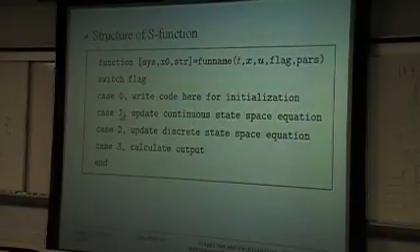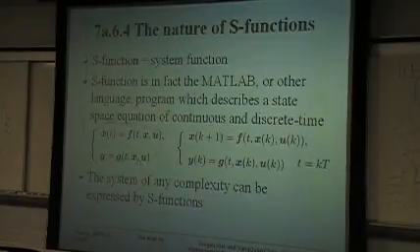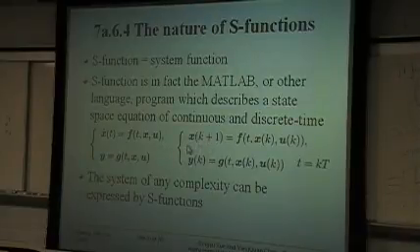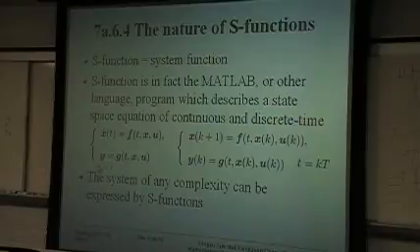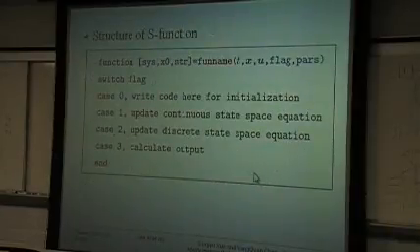If it is equal to 1, the update in the state space model for a continuous system is used. If flag equals 2, the update in a discrete time system is implemented. And if flag equals 3, the output of the block is computed. I'm not going to go into too much detail on this topic.